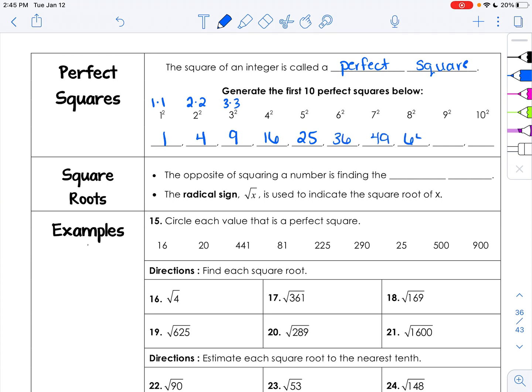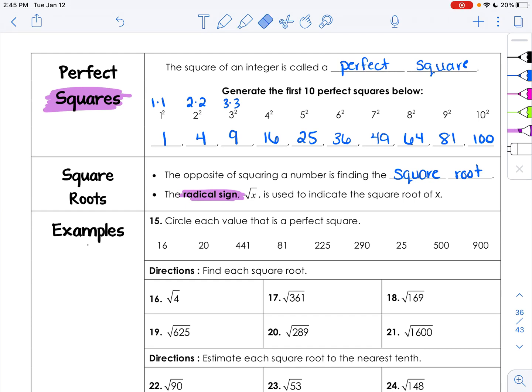So if you notice, all of these are being squared. That's why they're called perfect squares, because we're squaring each of these numbers. The opposite of squaring the number is finding the square root. And when we find the square root, we use something called the radical sign.